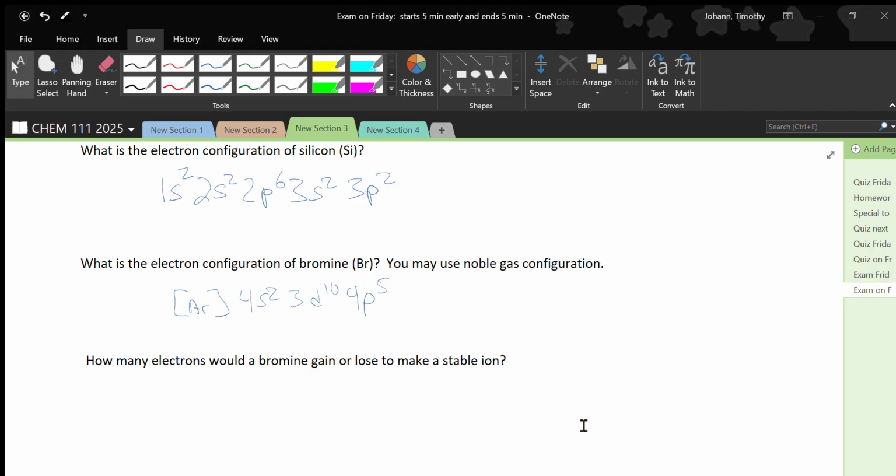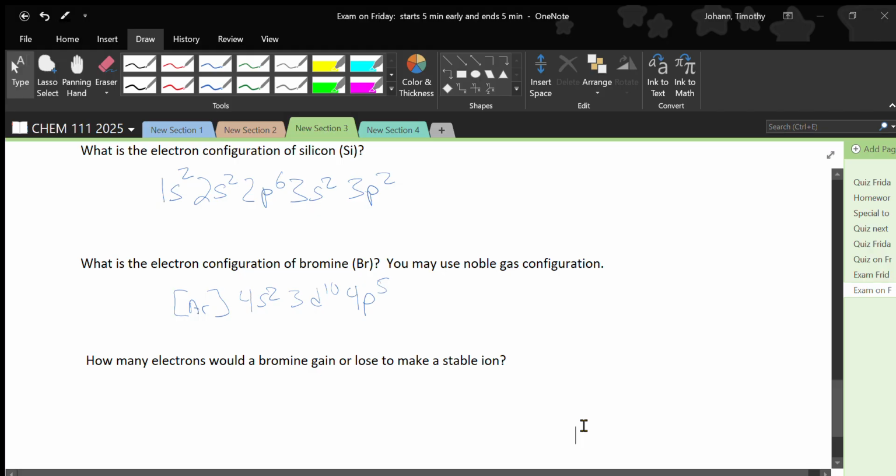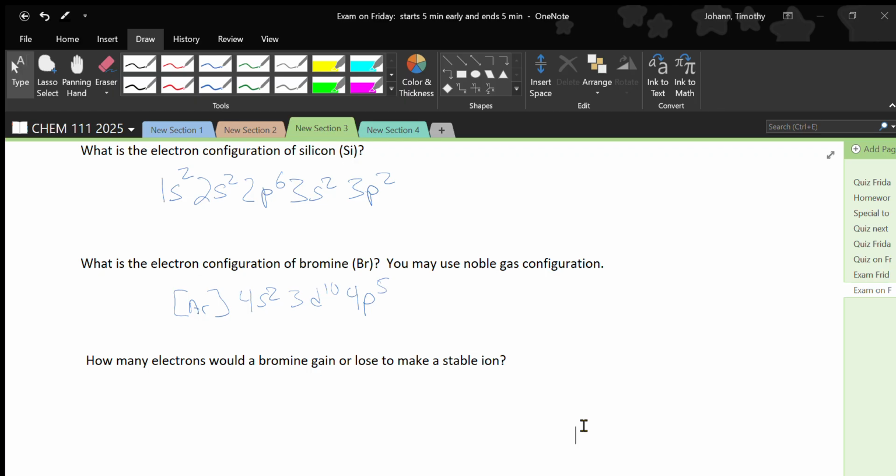Everybody wants to be a noble gas, right? Okay, if we were to personify our elements, everybody wants to be a noble gas. What's the closest noble gas to bromine? Bromine's 35. Krypton. Kr. You can just say Kr.